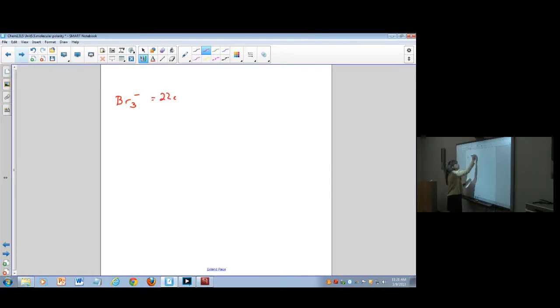Just a reminder, that's 3 times 7 from the bromine minus the -1 charge. And so I'll draw Br, and that's going to give me 16 electrons that I've used up in these 2 bonds. I'll show you one of them, just to make sure you see it. In this bond, I've got 6 lone pairs and the 2 from the bond. So that's going to give 16 electrons there, and that means I have 6 electrons left over.